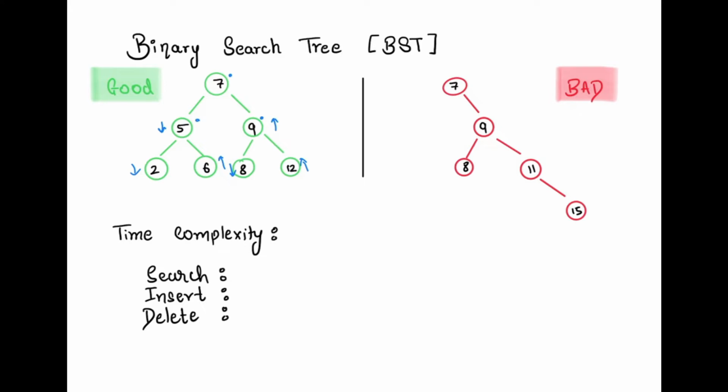Now I have marked a good binary search tree and a bad binary search tree, and we'll come to that later. First of all, let's understand what advantage we get from this binary search tree. If you have practiced and explored arrays, there is binary search, and the advantage that the binary search algorithm applied on arrays gives us is that we can search any element in an array in O of log n.